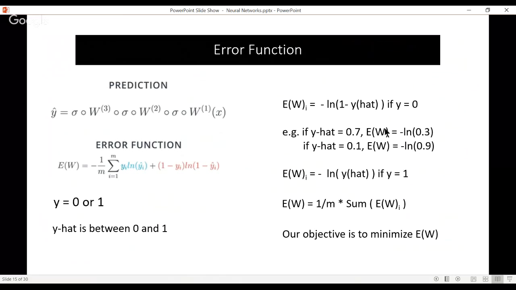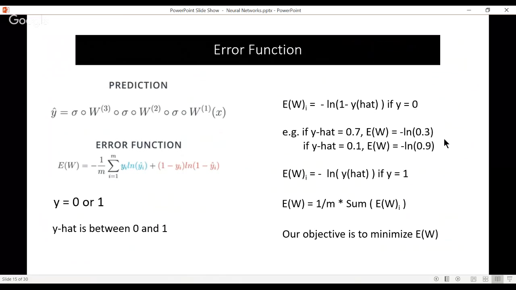So what this function gives is that if your y hat has a value closer to your actual value, it will already have a low error, so the minimization function won't work as hard as when you have a higher error. The same thing goes for y equals 1, but I'll come back to y equal to 0 again.